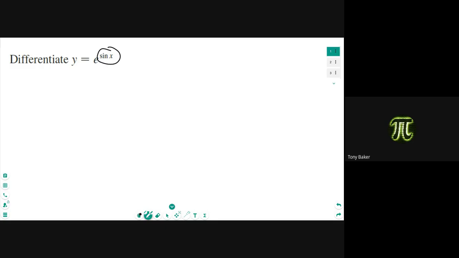Okay. So what is the derivative of sine of x? That goes to cosine of x, right? That's the derivative of it. So we're in essence going to say that's u.